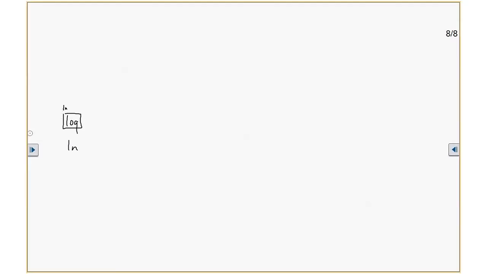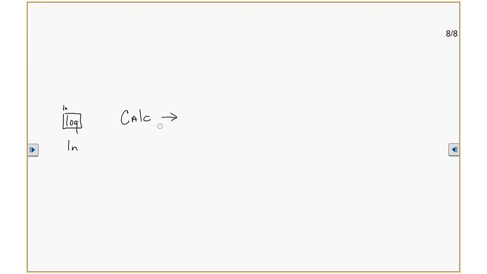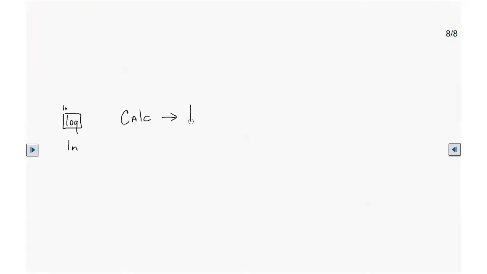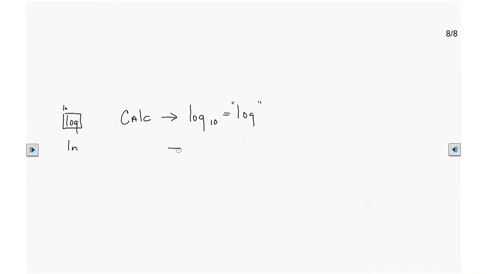The only purpose of me showing you this is because the calculator can only calculate two types of logs. It can only calculate log base 10, which is LOG, and log base E, which is equal to natural log.